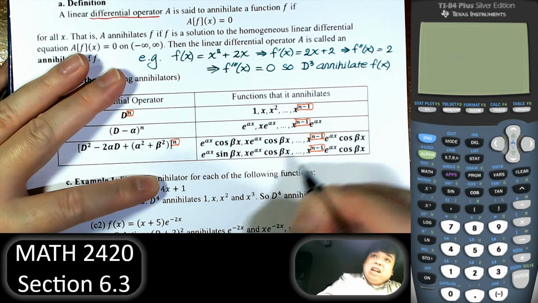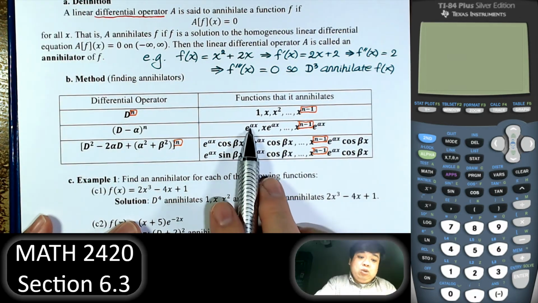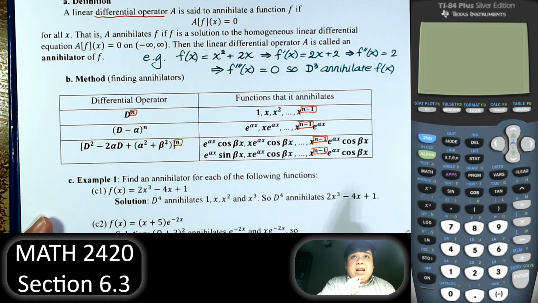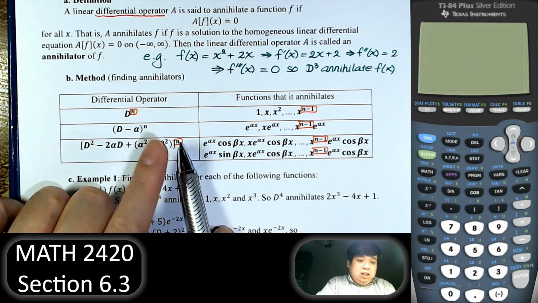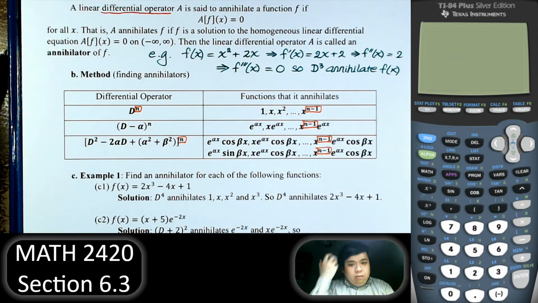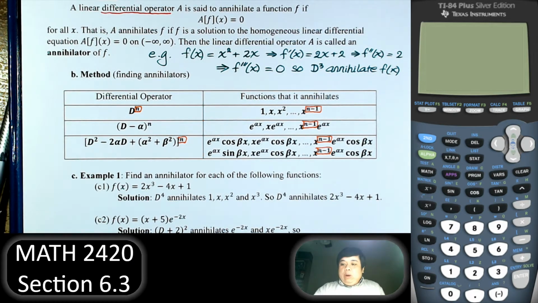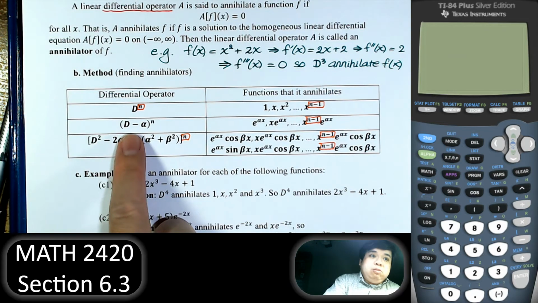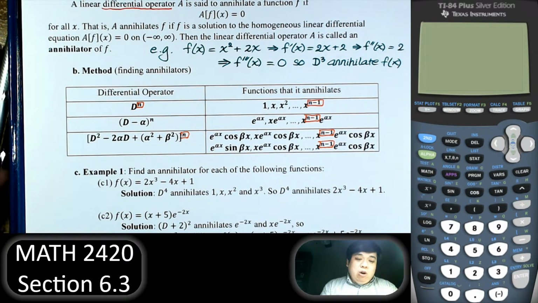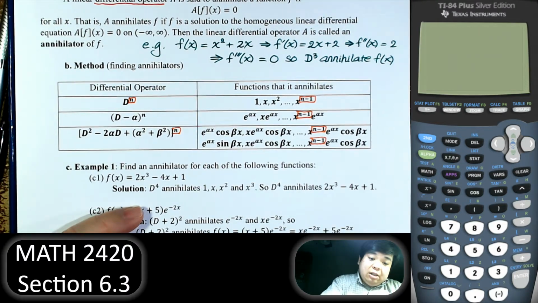So when we have x to some power multiplied by either e to the alpha x or e to the alpha x cosine beta x, that means we're going to need some factor raised to the n power to annihilate. By the way we write this, later on we will tie that to the auxiliary equation, so that will be another story.